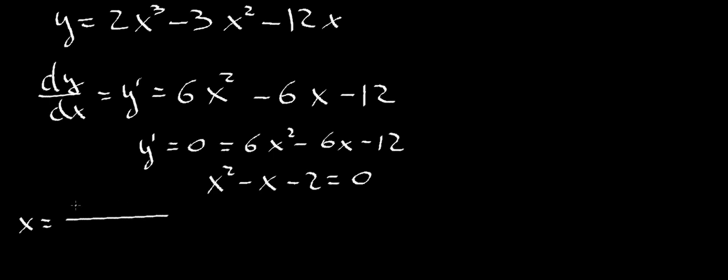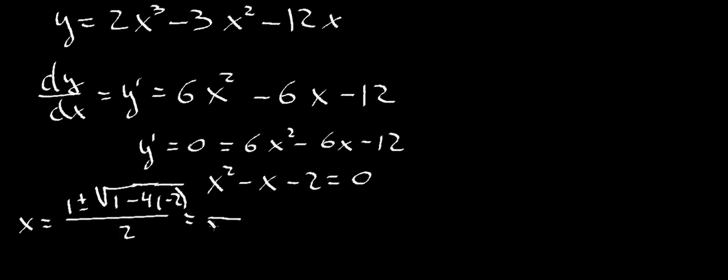b is minus 1, which becomes plus 1 here, plus or minus root of 1 minus 4 times 1 times minus 2, divided by 2.